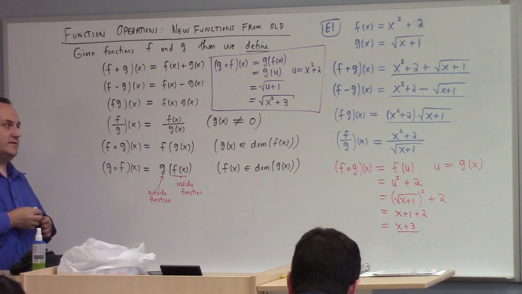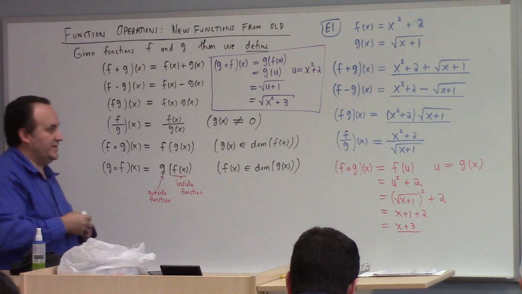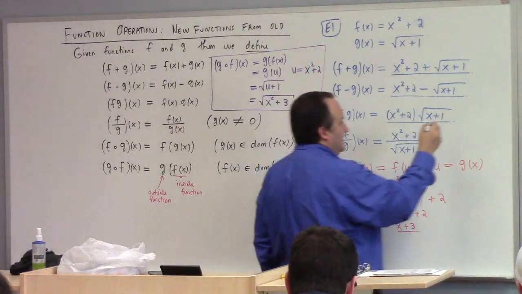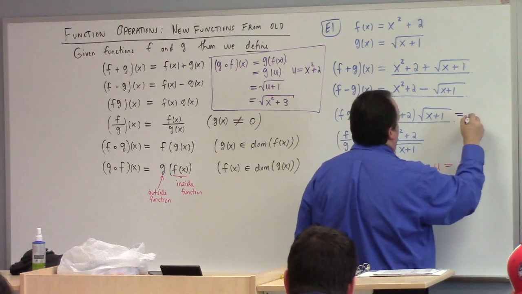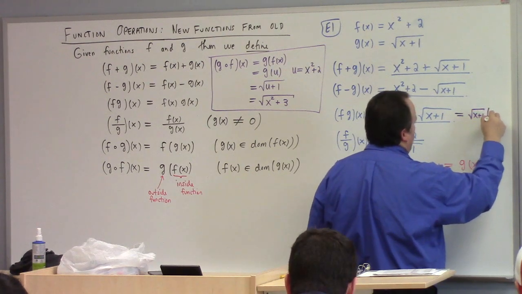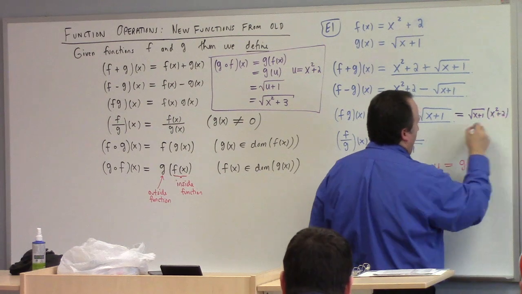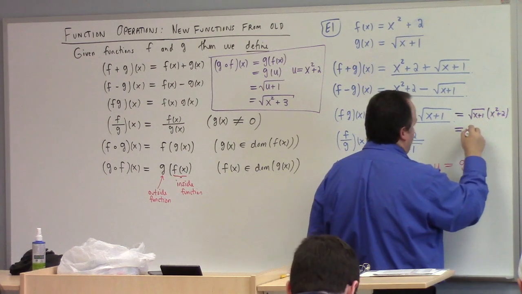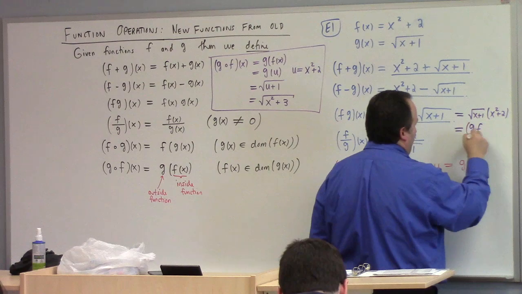Question: what if I did the product fg of x? What would fg of x be? Notice that this would also be equal to the square root of x plus 1 times x squared plus 2. So that would be literally gf of x.